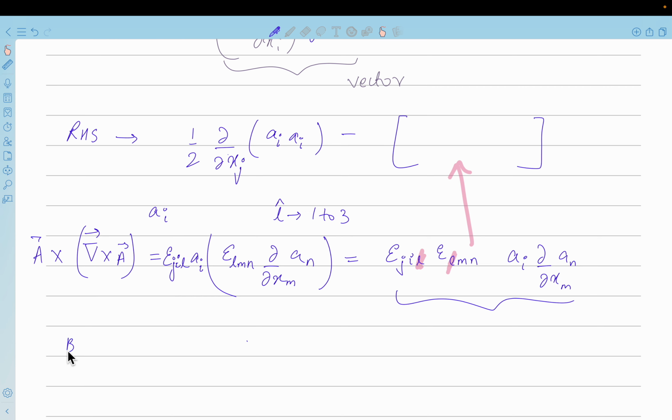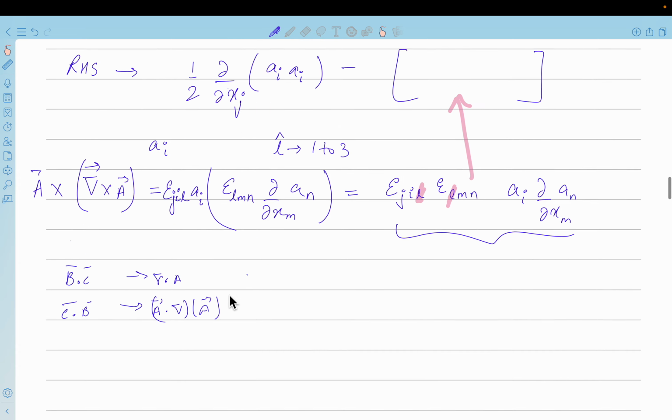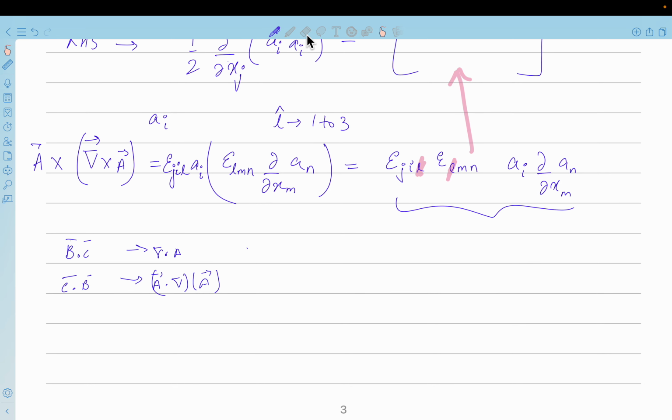Like if you have B dot C and you have C dot B, in the B dot C, it will be like del dot A, but in the C dot B, it will be like A dot del operating again on A. So these are the kind of terms you'll have to deal with, which is fine. If you convert it properly, it is possible.